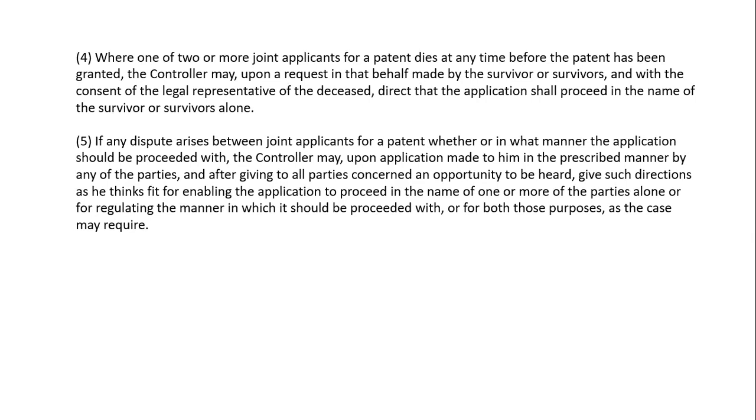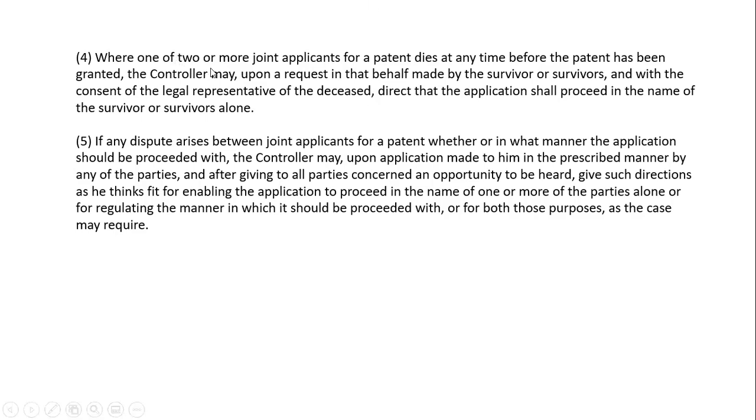हाँ, अब subsection 4 says that अगर there are two or more joint applicants, उसमें से any of the applicants has died, so at that time who will own the application, और किसका नाम ऐड होगा, और who will be the representative of that particular application. This is before the grant, right?